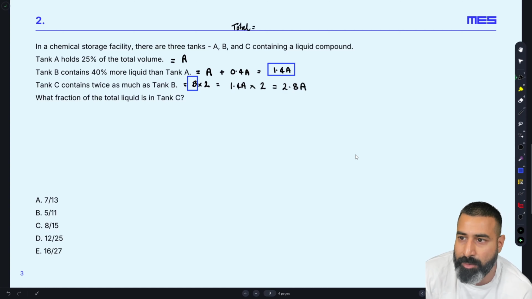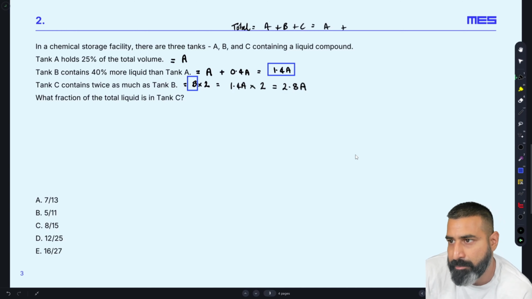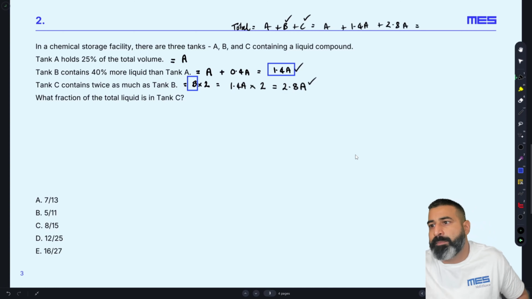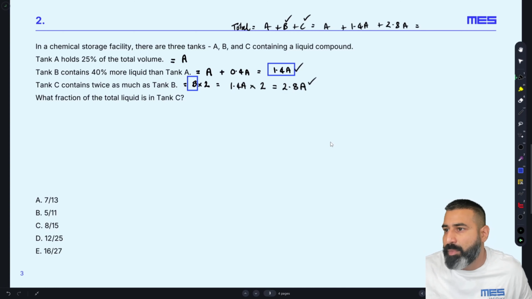it's just going to be A, B, and C. So A is A, B is 1.4A, and then C is 2.8A. So if we add these up, what do we get? So 2.8 plus 1 is 3.8.